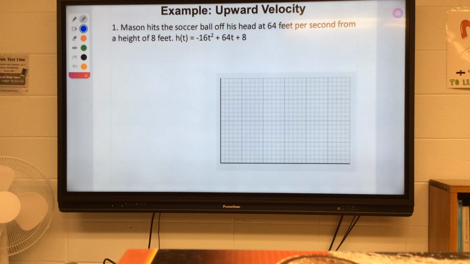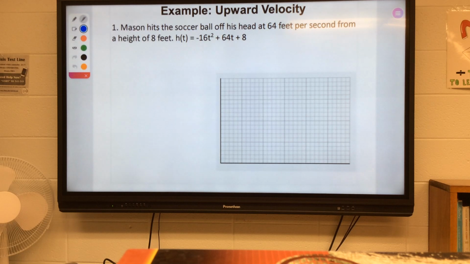Number 1's equation will always say h of t equals negative 16t squared, and then it'll be plus the velocity. So here you know it's the velocity of 64 because it says feet per second. That is the speed. The height is at the end of there. So it's the plus 8 because it is hit from his head at a height of 8 feet above the ground.